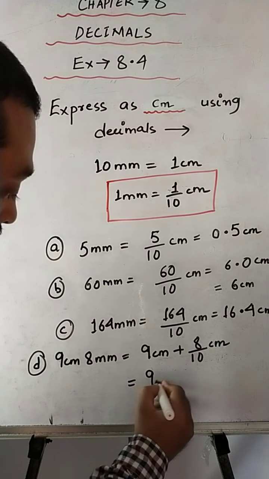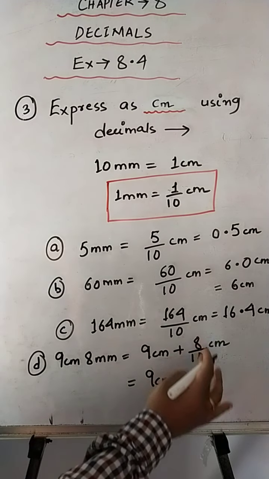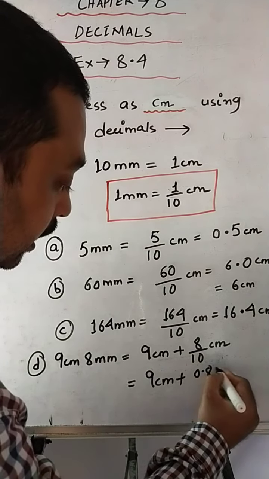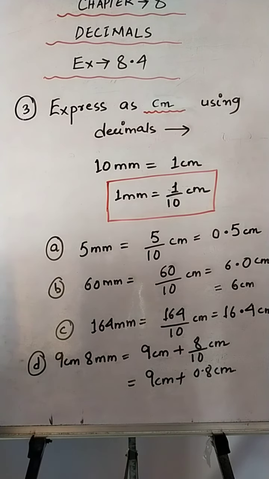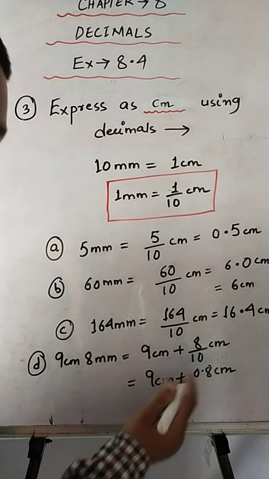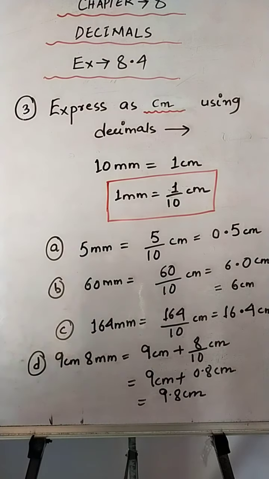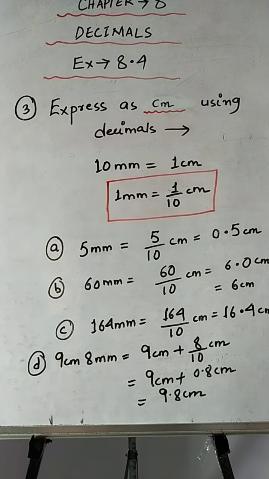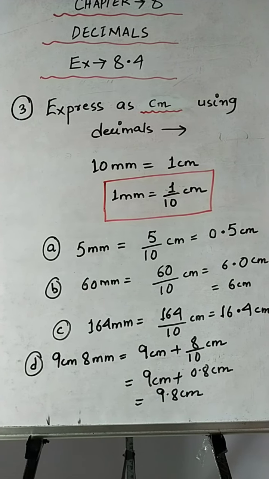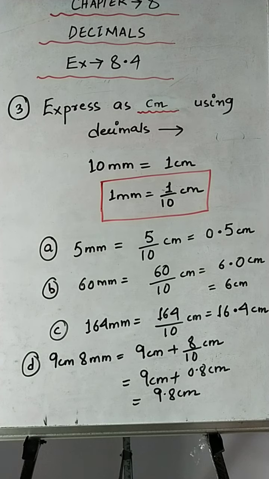Now 9 centimeter plus 8 by 10 means 0.8 centimeter. Okay, so 9 plus 0.8 is what? 9.8 centimeter. Okay, and sum number E, all of you try it on yourself. I believe everyone can do it now.